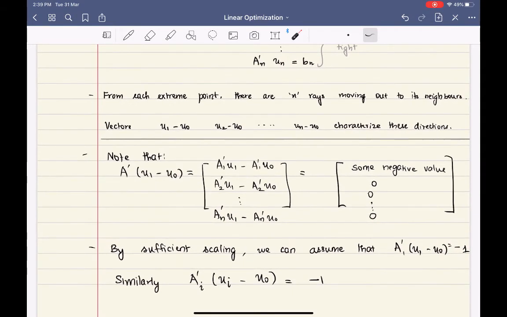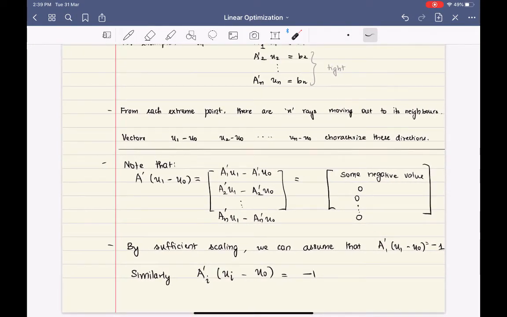Instead of taking an arbitrary value, let's assume that this is true. So you can do the same for each ui. So we have taken n points u1 to un such that ai prime of ui minus u0 is minus 1, and aj prime of ui minus u0 will be 0.